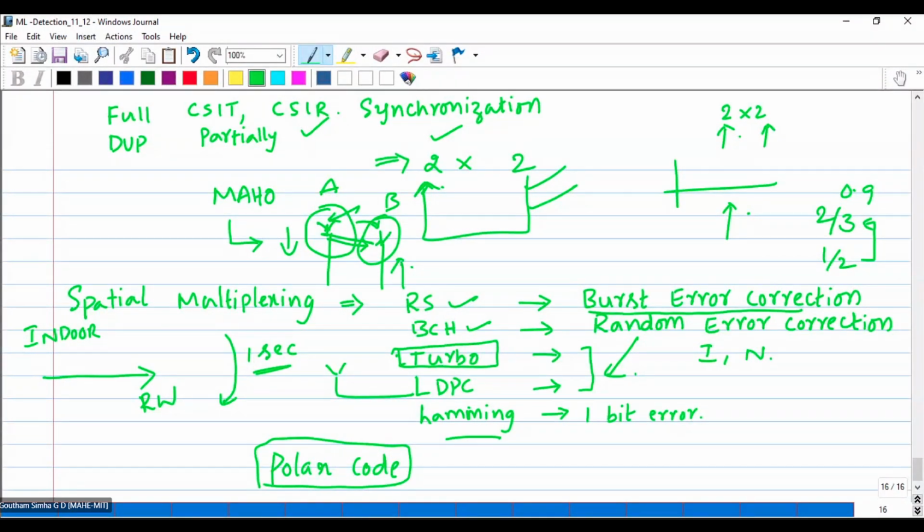So why have we discussed all these things? First, the discussion started with Alamouti and MRRC, where MRRC will give you a better performance in terms of ABER. But why am I going for Alamouti? Because it is a simpler implementation.